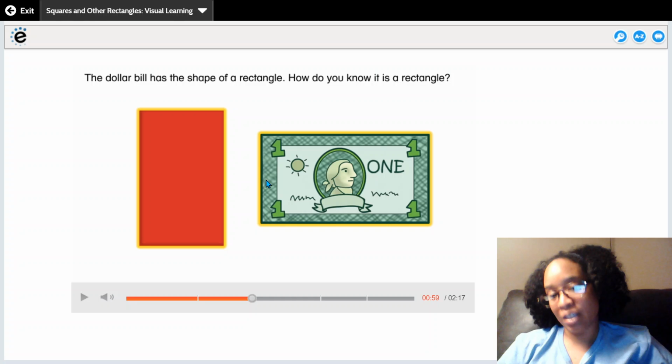Yes, they sure are. And how many vertices do you see? How many corners or angles where the sides meet? 4. 1, 2, 3, and 4. Yes, all of the sides are the same length. This shape is called a square. A square is a special rectangle because it has 4 sides, 4 vertices, and its sides are all the same length.